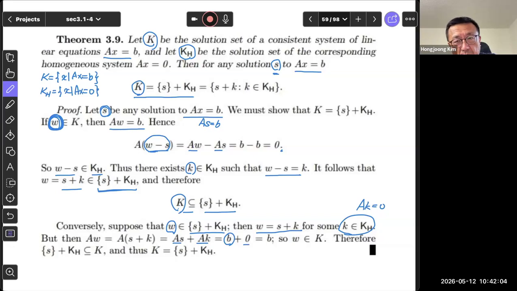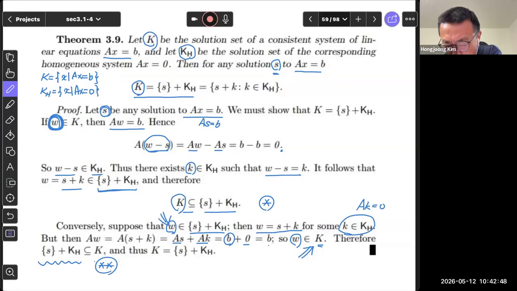So B plus 0 is B. That means when I multiply A with W, you get B. So W is one of the solutions for the AX equals B problem, meaning W is one of the elements in K. So if I choose any arbitrary vector from the right hand side, that is one element in the left hand side. That means the set on the right is a subset of K. So if I combine this with this, then these two sets will be the same.